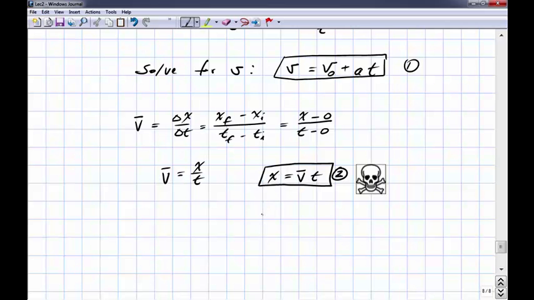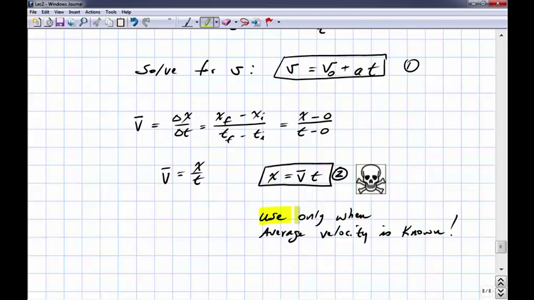So the warning requires that we use this equation only when average velocity is known. Okay, we'll emphasize that. And again, the key term here is average velocity.